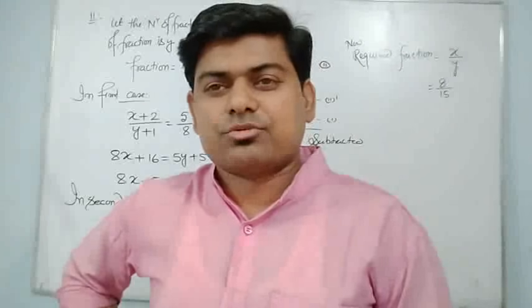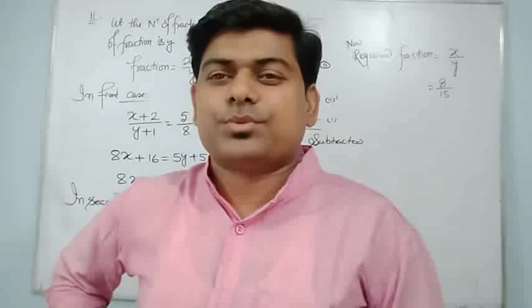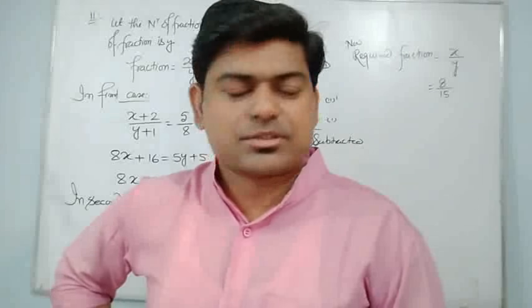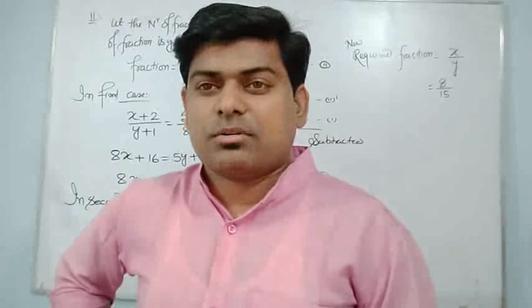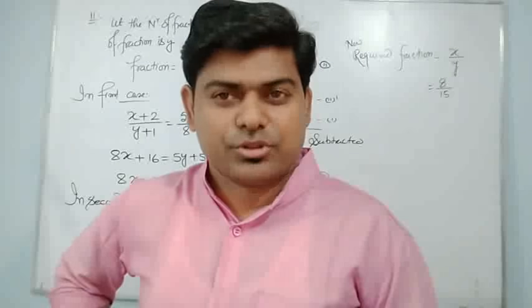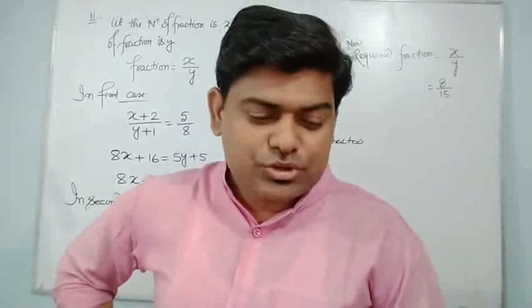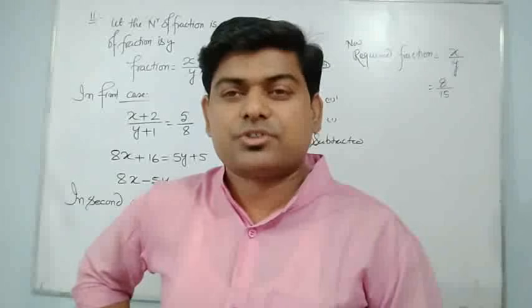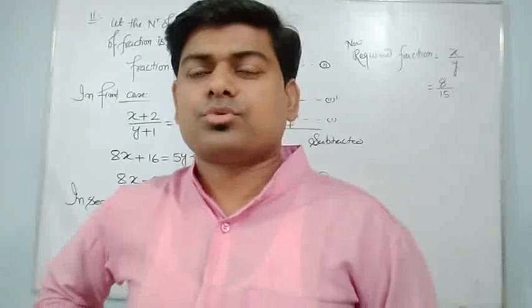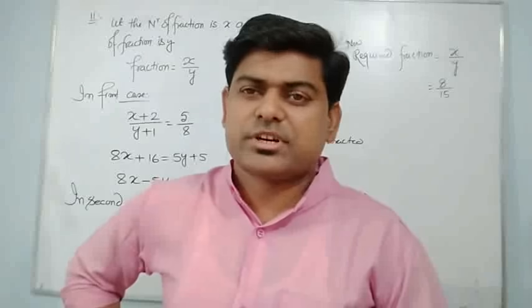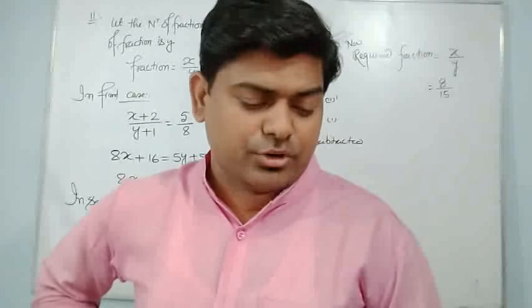Second, I have done related to the cost of sugar and rice or cost of sweets. Third, where we talk about ratio. Now we can get questions about digit numbers, 2-digit, maybe 3-digit. Maximum questions are for 2-digit, but one question I had given for 3-digit also. I'll do it, don't worry.